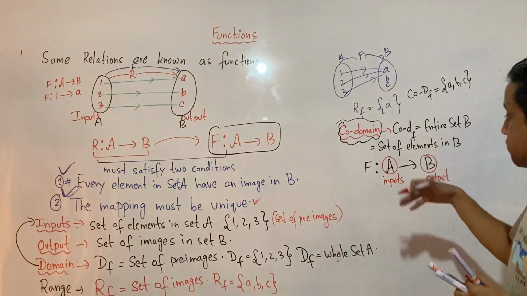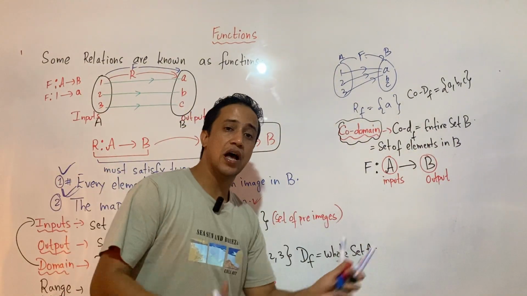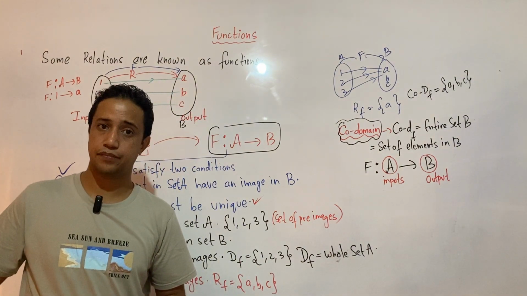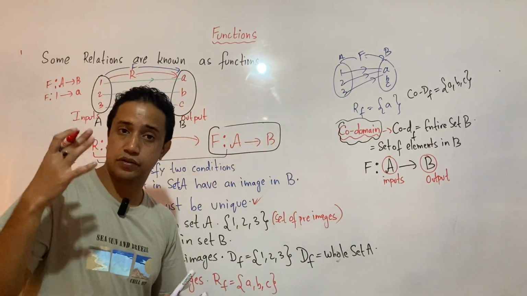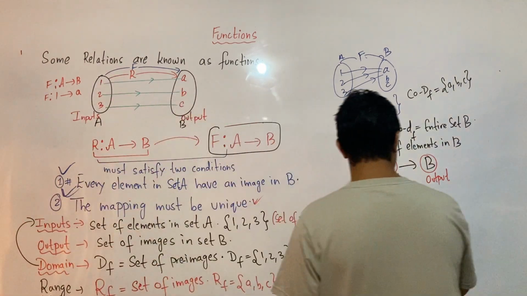So a function, basically, what does it do? It is like a machine that takes the input, processes it, and gives us the output. Let's say that this is a machine.